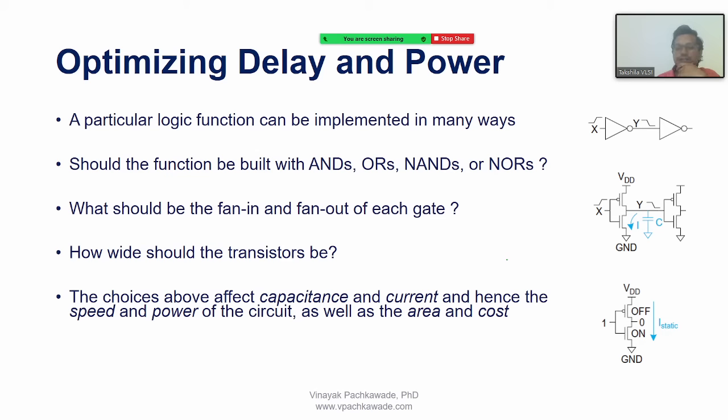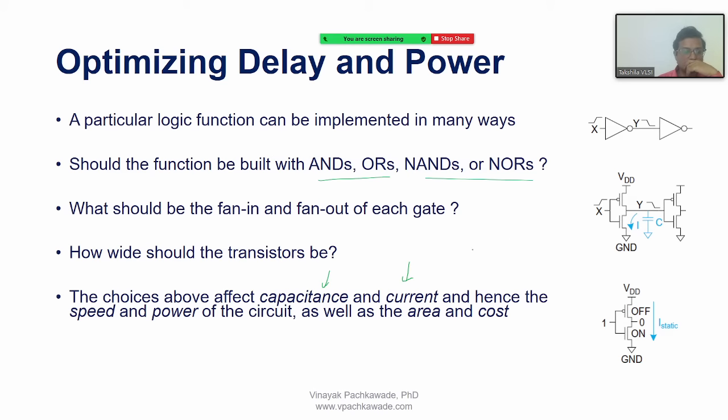This is crucial to understand this point. Or did you understand what I explained so far in these slides? Yes, yes, sir. So can anybody just recall and revise, tell me how these choices, like compound gates or tri-state, affect the capacitance and current?